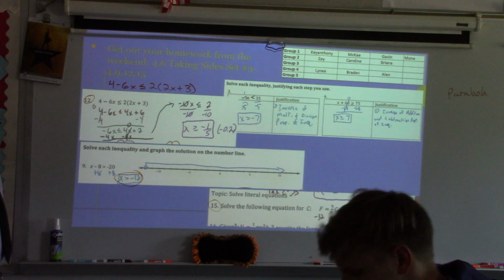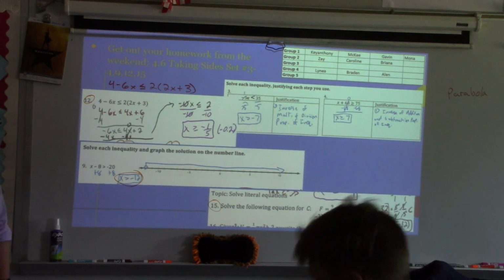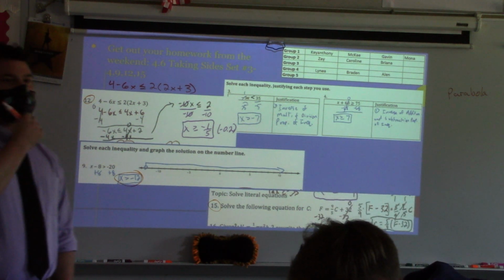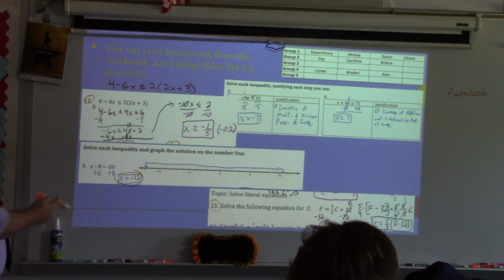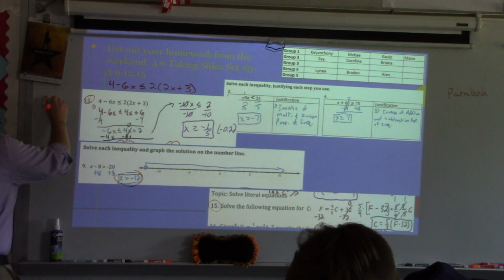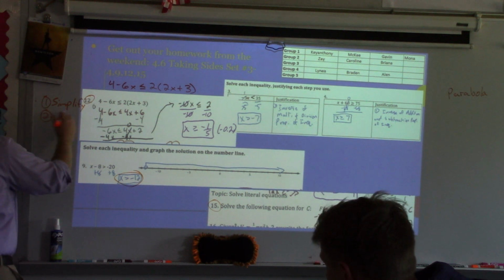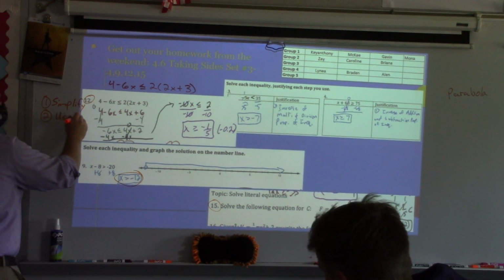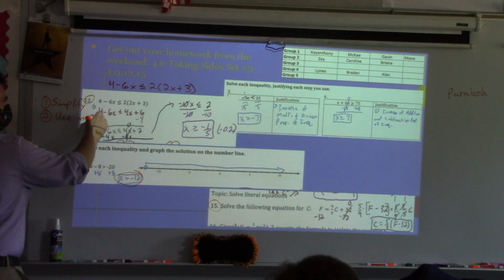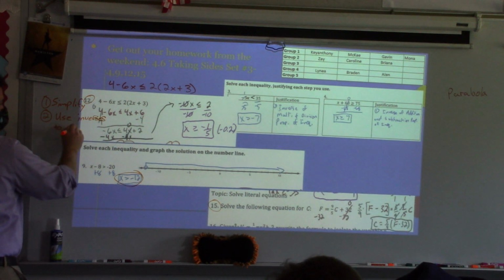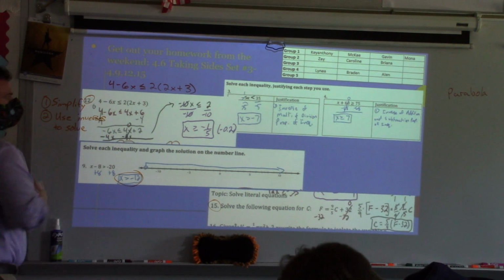And so we have to think about our inverses to approach that. We need to think also about simplifying. Personally, I am always going to simplify. Then I'm going to use inverses to solve. You don't have to, but that's personally what I'm going to do.